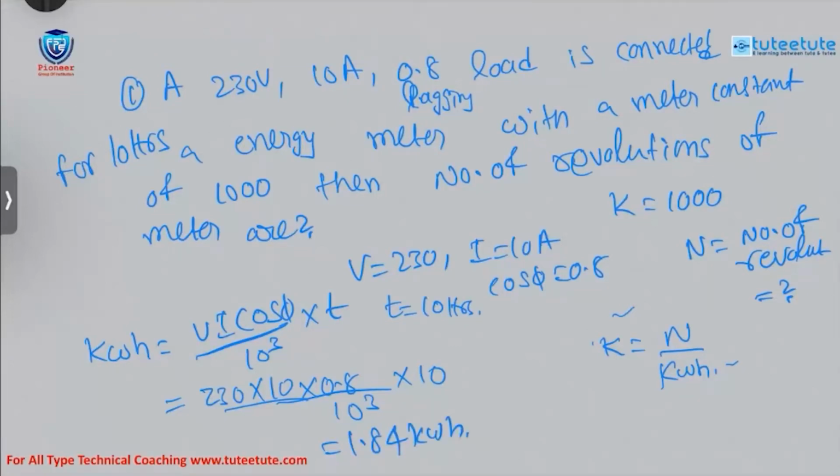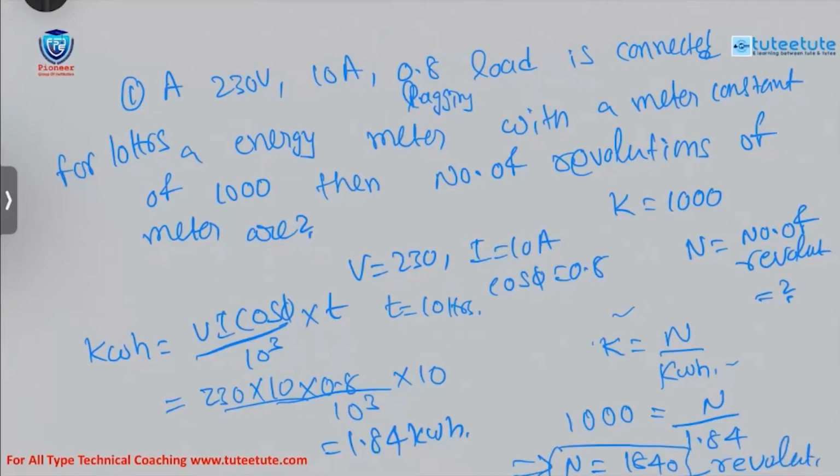So K is given as 1000 and N we don't know. 1.84 we know. That means N is equal to 1840 revolutions. Mostly you won't get any harder problems.